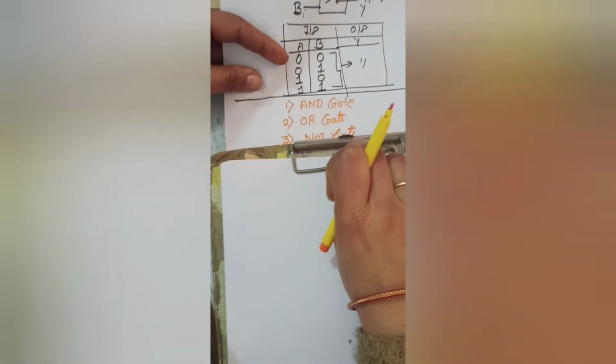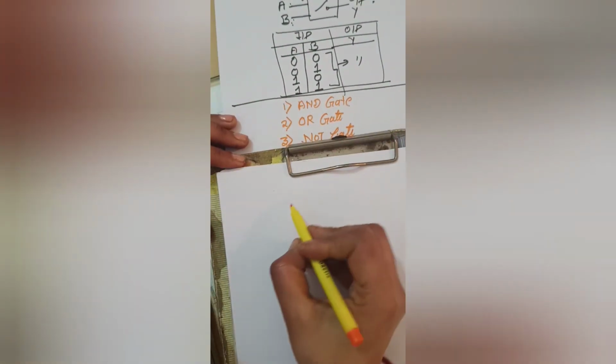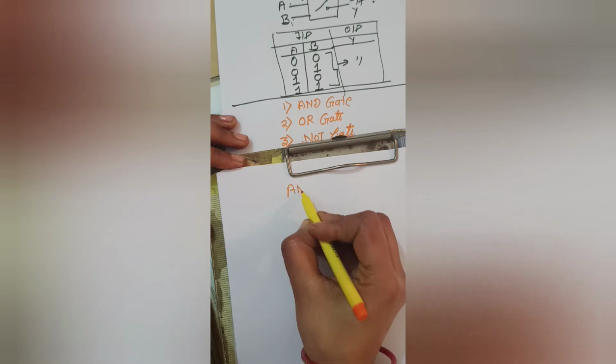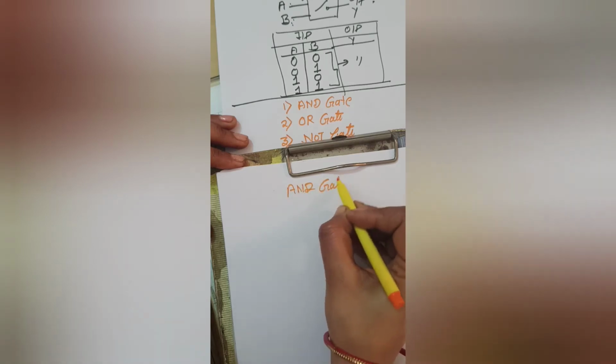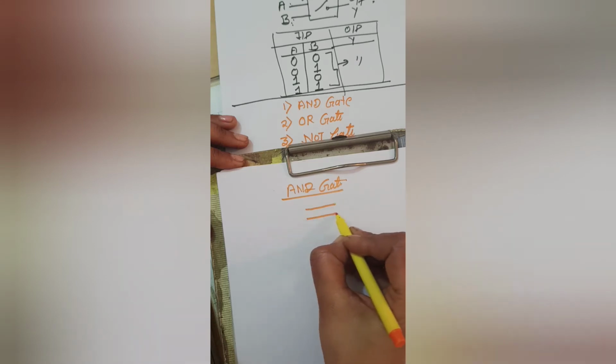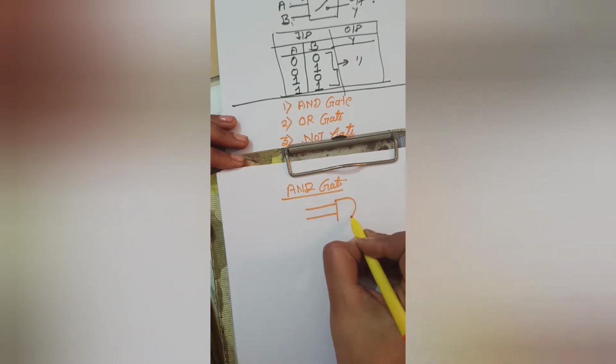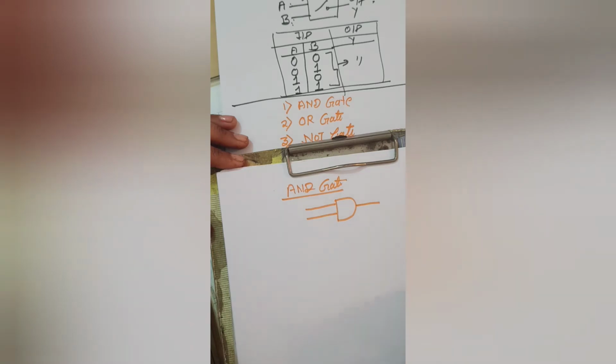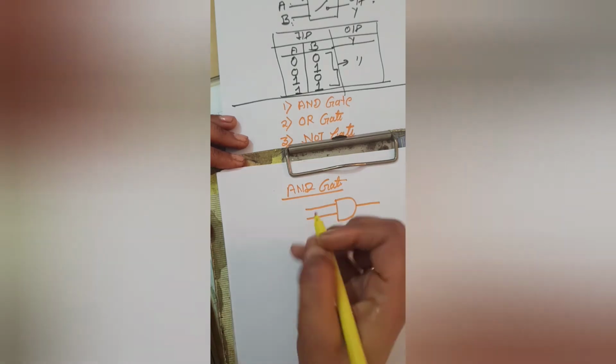Now come back over here. Very first we have to discuss the AND gate. The symbol of the AND gate has 2 inputs. This is the symbolic representation and the output. So what are the 2 inputs?